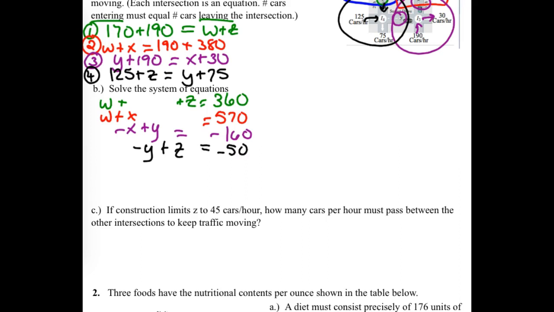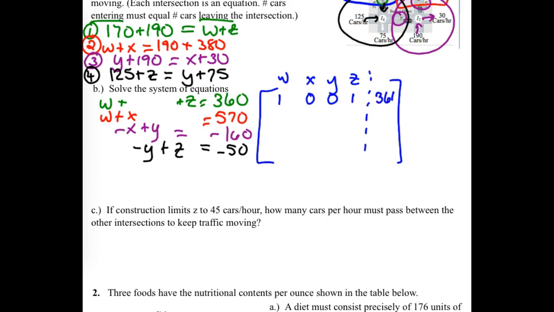Okay, so I want to create a matrix out of this. So looking at my top row, we're going to have W's, X's, Y's, Z's, and then our constant. My top one, I have one W and I have one Z. I have no X's and no Y's. My constant is 360.